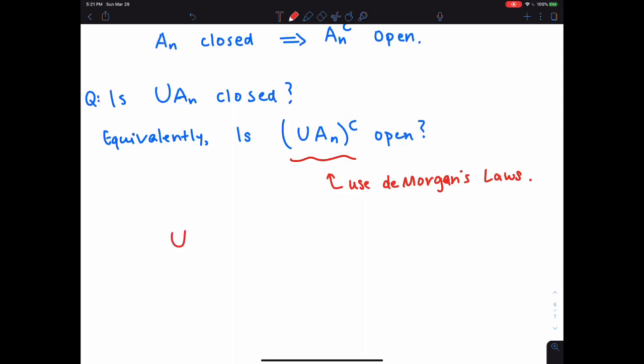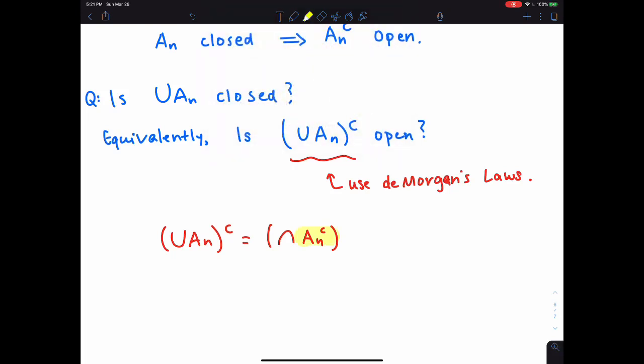So if I take the union of the A_n and I look at its complement, using De Morgan's laws, that is the intersection of each of the individual complements of the A_n. And we know something about this, remember?